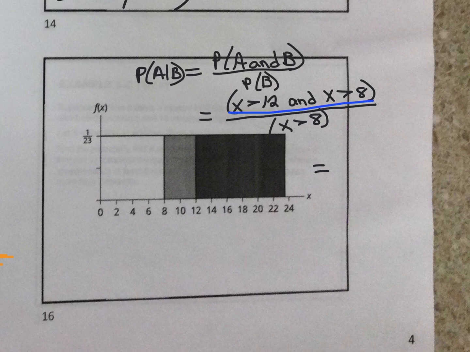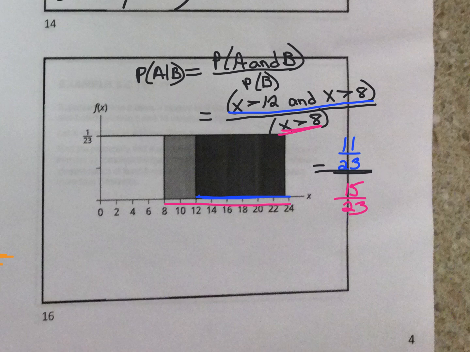It's got to be both, so that would just be from here to here. 12 to 23 is 11 out of 23, all over the probability of B, or X is greater than 8. 8 to 23 is 15.